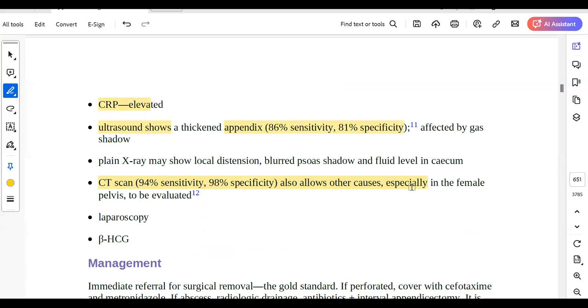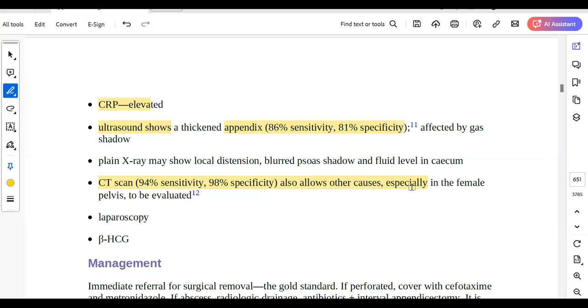So the question comes in this way. They give you a scenario where you suspect appendicitis, and then they ask what is your most appropriate management, or your most appropriate investigation. Most appropriate is CT. Even on top of the blood test, CT is the most appropriate.